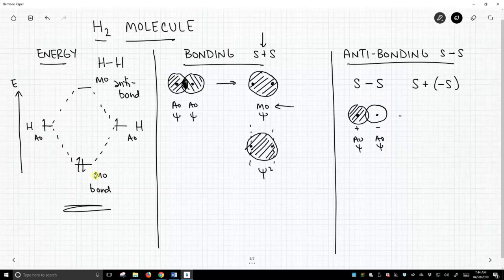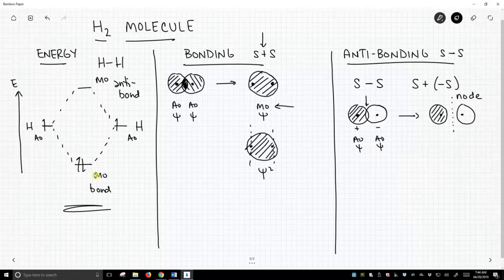When we mix these, it's going to look different because we now have this region in the middle where they overlap and they actually cancel each other out. So what we get when we add these together, on the left we get some kind of positive value, on the right we get a negative value, it's unshaded, and what we get in the middle is where these things have canceled out. This is called a node.